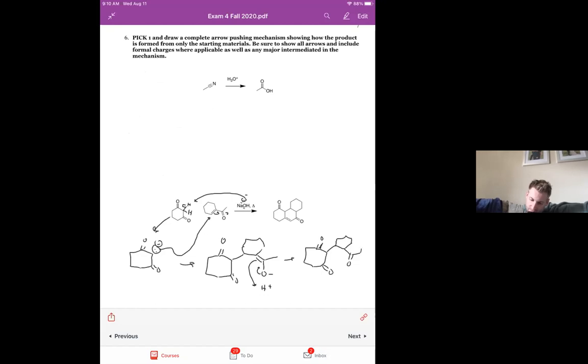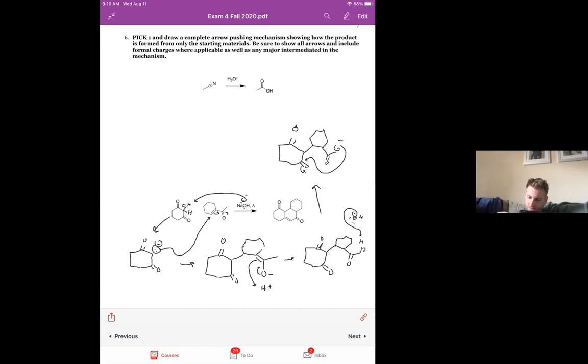Pull off the proton from the terminal position, which can do an aldol condensation.